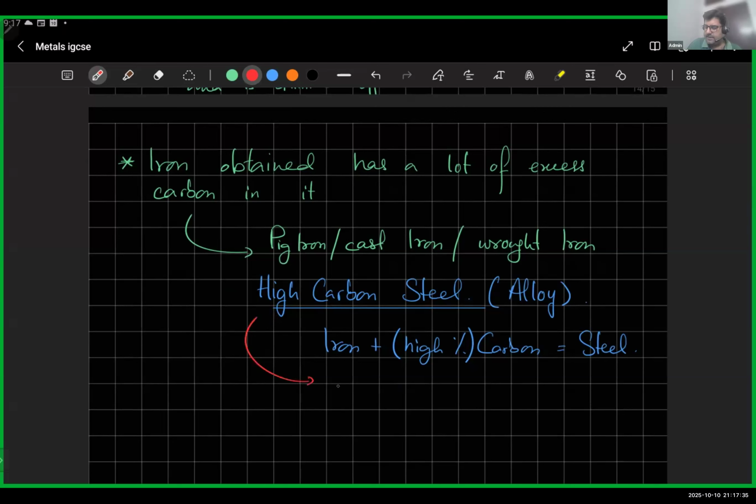So it's very strong, but not flexible, not malleable, not ductile. That's what happens with alloys: if you add a lot of impurities to it, it's going to be not flexible and not very malleable or ductile.